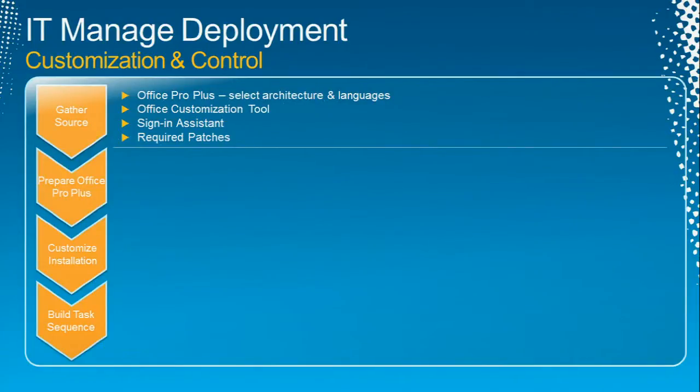So let's walk through the process. If I'm an IT shop and I have management software, how could I take Office Pro Plus from the portal and deliver it to my end users in a managed method, so that I'm not dependent on each user going to the portal, downloading a big file, making the selection about 32 or 64?